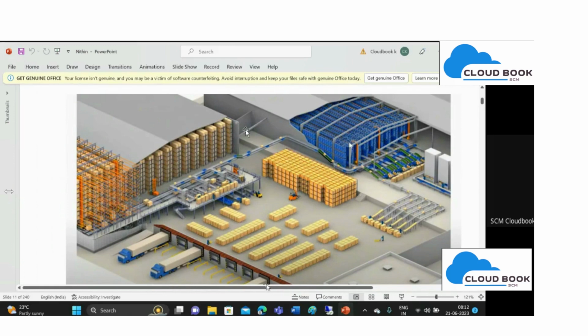There are other processes also in the warehouse. Before quality inspection, we can have counting sections also. We have a specific, dedicated counting area where we do the counting. Ideally we can do the counting at the goods receipt point, but if there is a dedicated section for counting, and we have to take the materials there via certain machines, consider that this is that section.